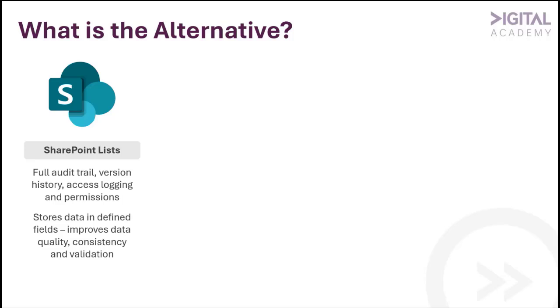SharePoint. You might have seen it or you might use it. It's brilliant for files. It's great for creating intranets and communication sites, but can also be used for storing tables of data, and they're referred to as SharePoint lists.